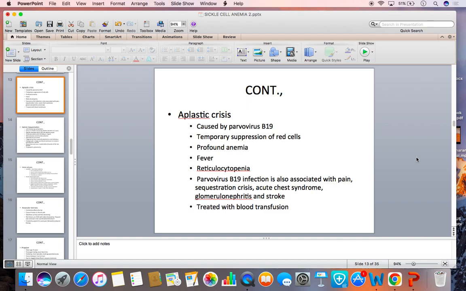Parvovirus B19 infection is also associated with pain, sequestration crisis, and acute chest syndrome, glomerulonephritis, and stroke. It should be treated with blood transfusion.